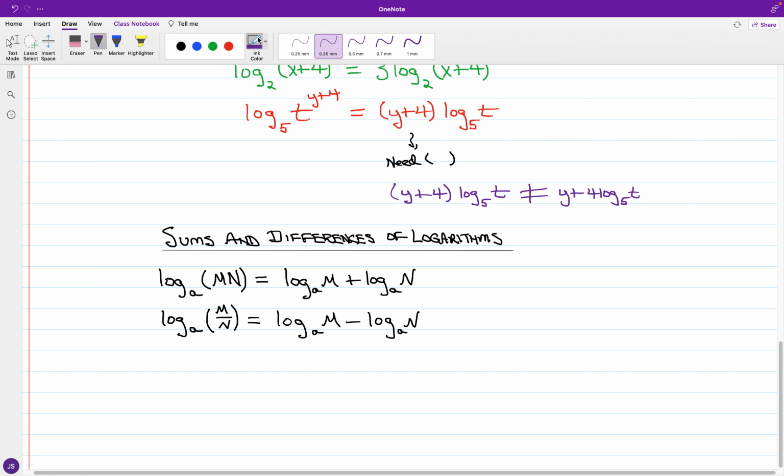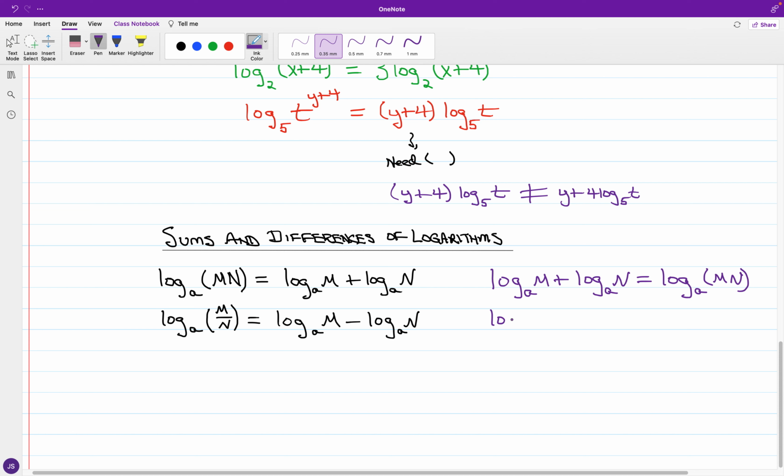And I'm just going to mention, if we go in the other direction, this is where we are looking at combining like logarithmic base terms. So we're going to have the reverse be true. I have the base A logarithm of m plus the base A logarithm of n, where we have addition in the separate terms, but the same base implies multiplication between the attachments once we consolidate as a single logarithmic term.